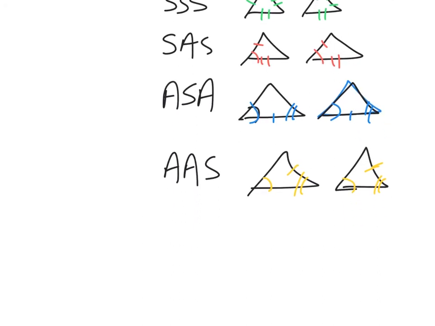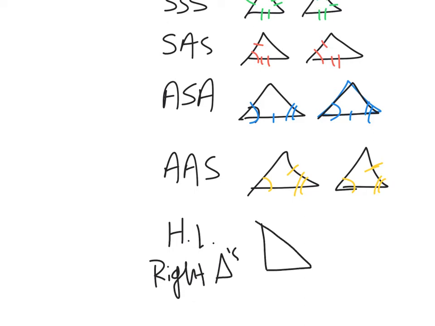And then lastly, what we call hypotenuse leg only works for right triangles. This is the only caveat for right triangles: when you have a right angle and you know that the hypotenuse of each triangle is congruent and one of the legs in each is congruent.